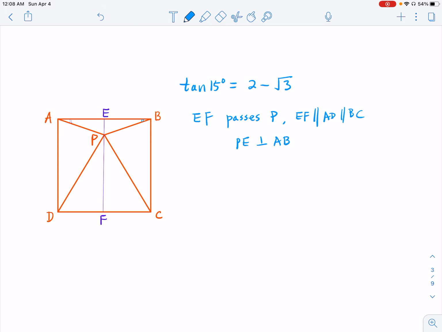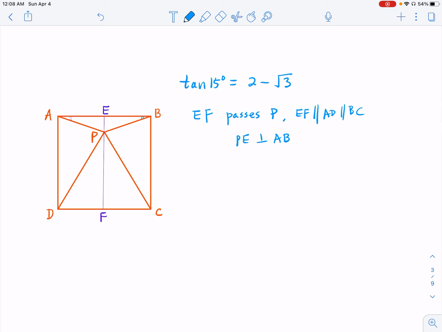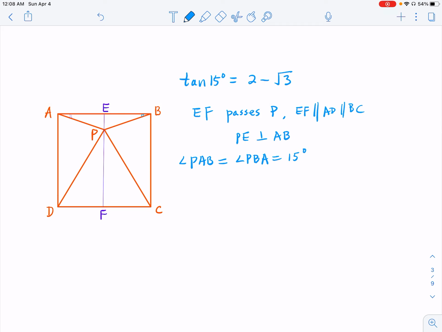Now here, we have to use the property of an isosceles triangle. Because we are given that angle PAB is congruent to angle PBA, equal to 15 degrees, this tells us that triangle PAB is an isosceles triangle.